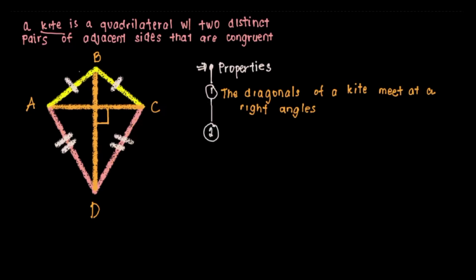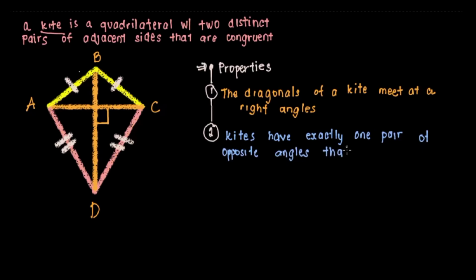Ito yung property number 2 natin na kites have exactly one pair of opposite angles that are congruent. Okay, congruent. So ano bang ibig sabihin niya, no?